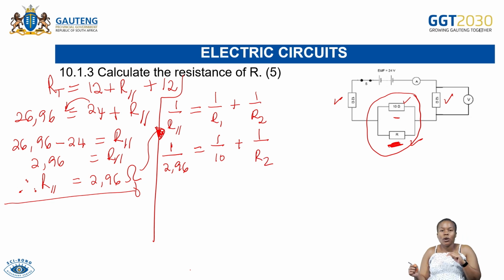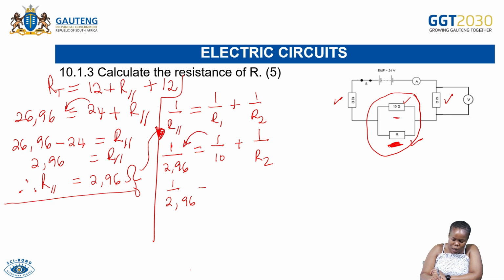Because I'm trying to find this R2, same procedure, we transpose. So we're going to say 1 over 2,96 minus, because I'm putting this on this side, 1 over 10 is equals to 1 over R2.